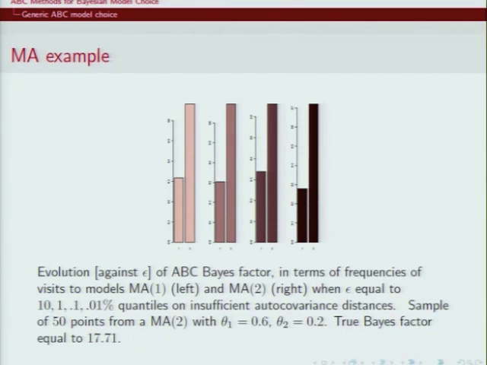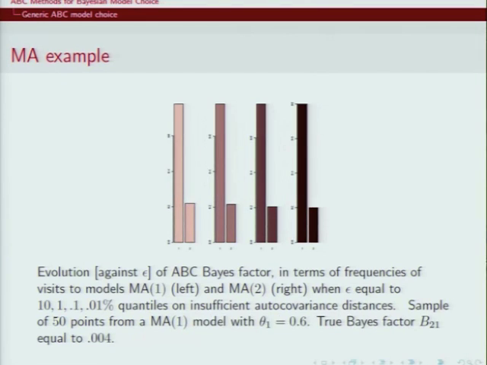And the answer to the experiment is that in two cases out of 3, I would pick MA2. So the Bayes factor would be roughly 2 in that case. The true Bayes factor, when you use the whole data, is 17. So I'm leading to the choice of MA2 if the data is MA2, and if the data is MA1, I'm picking MA1, but with numerical values that are very different from the true Bayes factor, even when I push epsilon to be very close to 0.